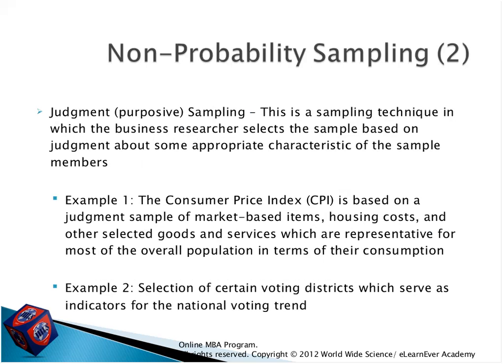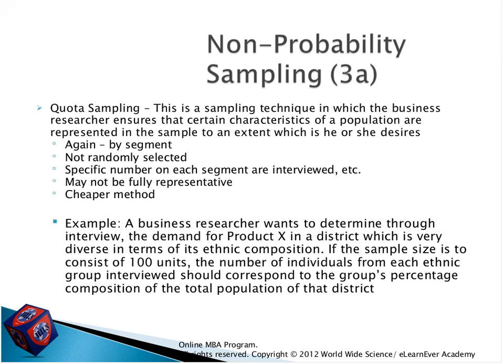Again, I put some examples for non-probability sampling. Here is another method for non-probability sampling that we call Pareto sampling. This is a sampling technique in which the business researcher ensures that certain characteristics of a population are represented in the sample to an extent which he or she desires. Again, it is by segment, not randomly selected.